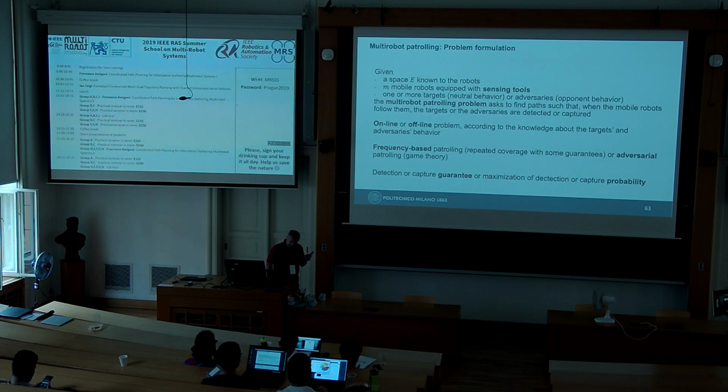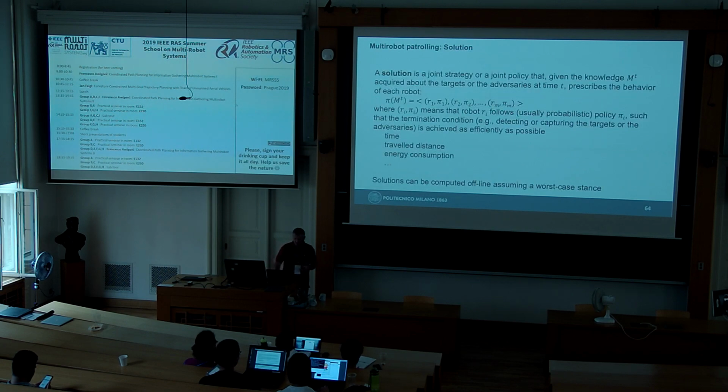Yeah, and the end of the game, as I said, can be the detection or capture of the opponent. We can, in some cases, guarantee that we can detect or capture the opponent, or in general, we can maximize the probability of detecting or capturing it.